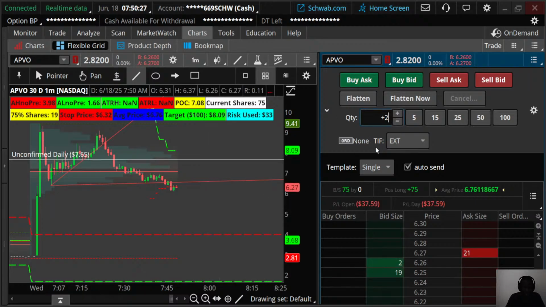Nope. All right. Expected to see a little bit more green there, especially on this 5-minute, how it's set up. You can see those 40s.